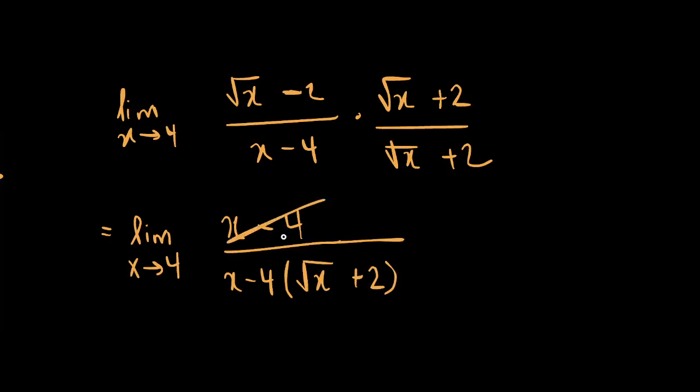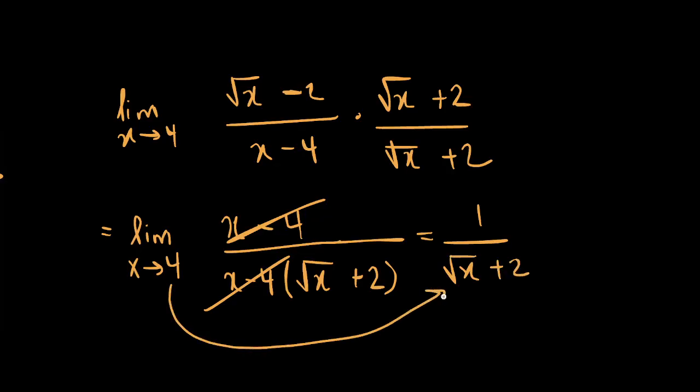This then allows us to cancel from the numerator and the denominator, leaving us with 1 over the square root of x plus 2, which, if we use direct substitution, gives us 1 over the square root of 4 plus 2. Square root of 4 is just 2, so that gives us an answer of 1/4 for our limit.